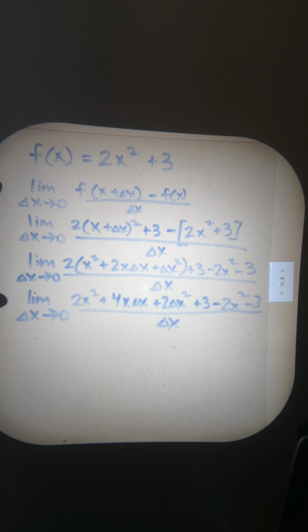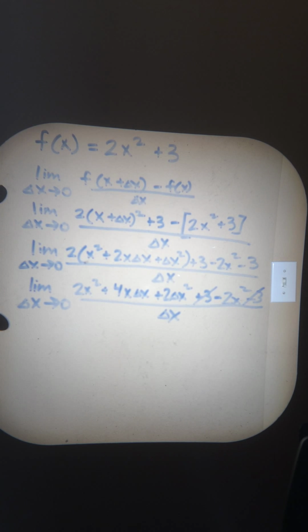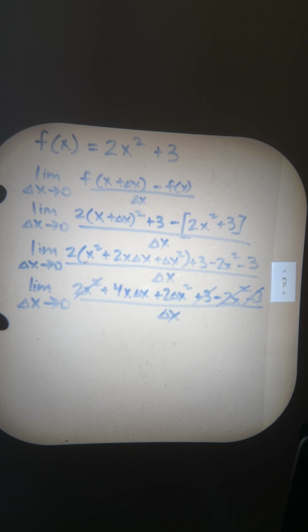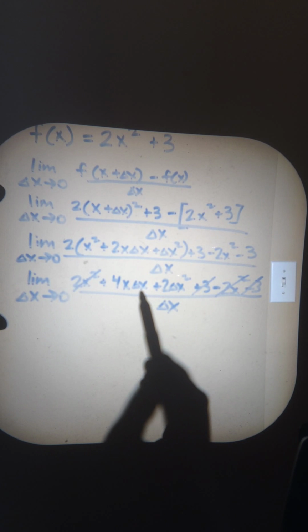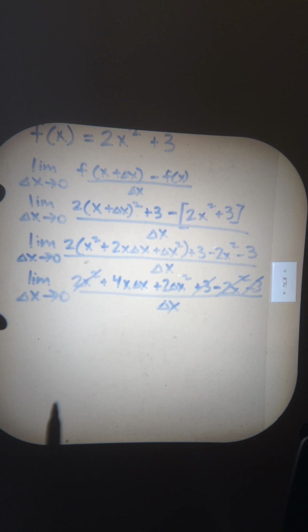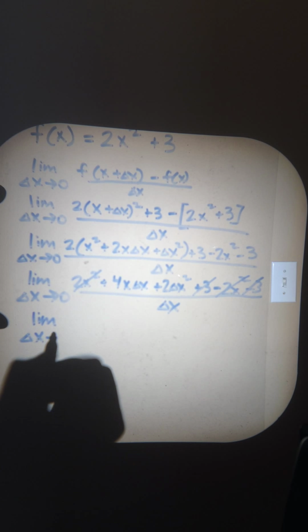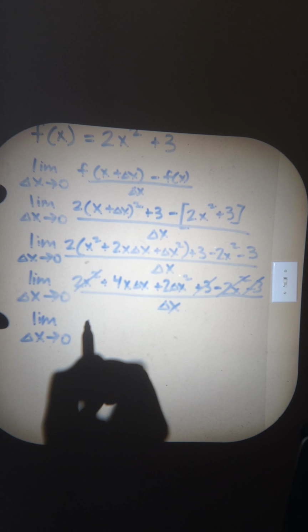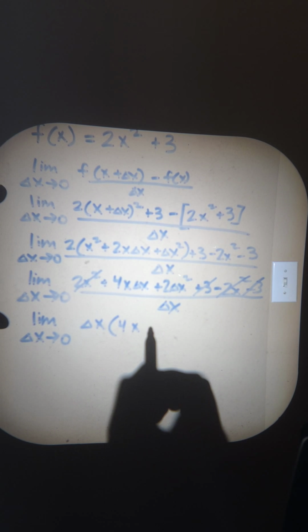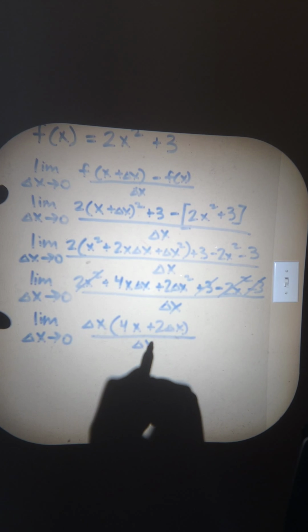Now at this point, we see that positive 3 and negative 3 cancel, 2x squared and negative 2x squared cancel, and we're going to factor out a delta x so that it will cancel with the delta x on the bottom. So the limit as delta x approaches 0 of delta x times 4x plus 2 delta x over delta x.